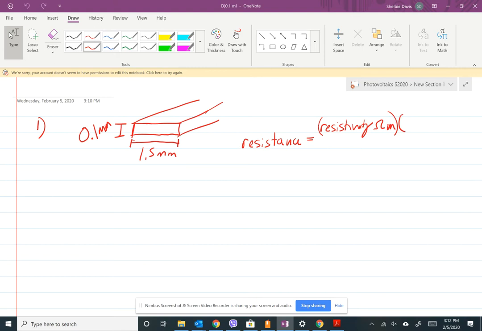When I say the length, I mean the length of the tabbing that's running through your whole panel, so it's intersecting each cell. We'll figure that out in a few minutes, but I'm just going to say length, and that's going to be in meters, over your cross-sectional area, and that's going to be in meters squared.